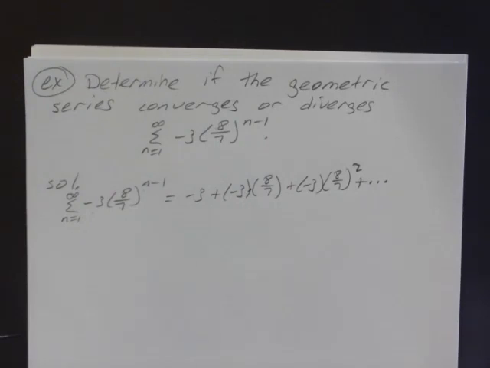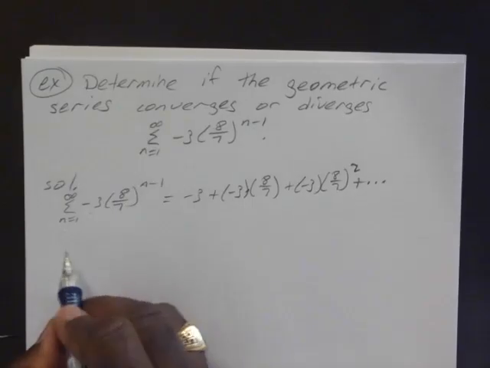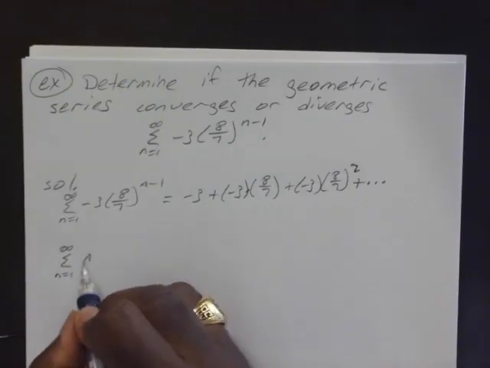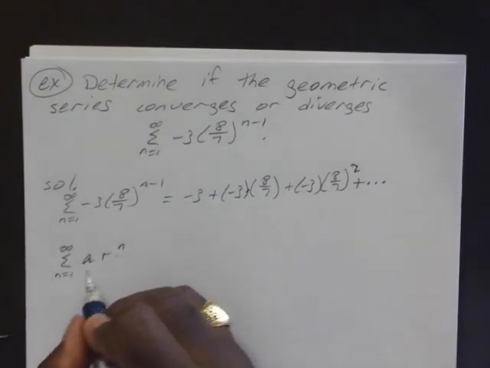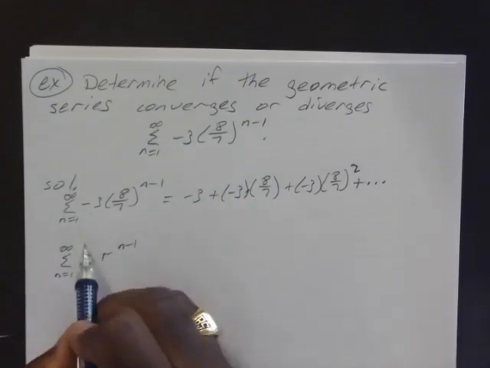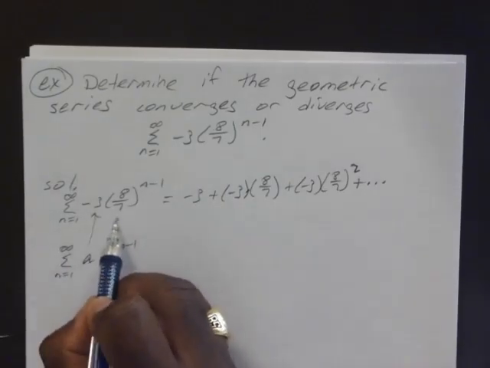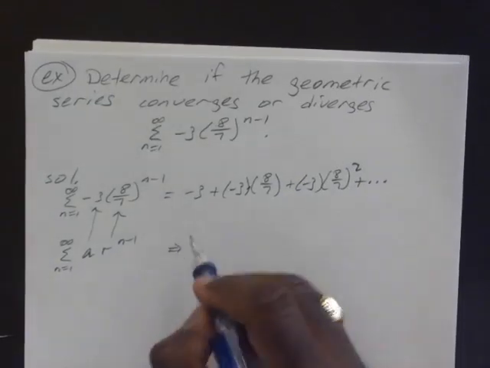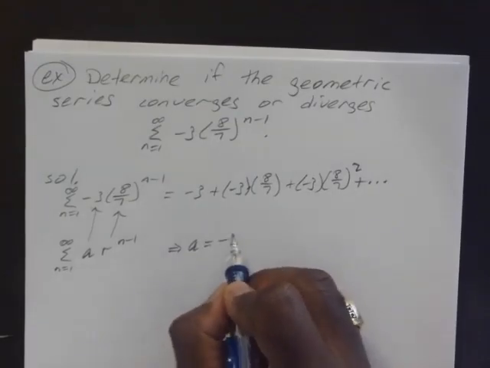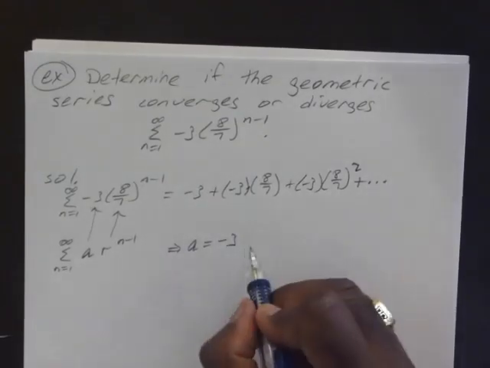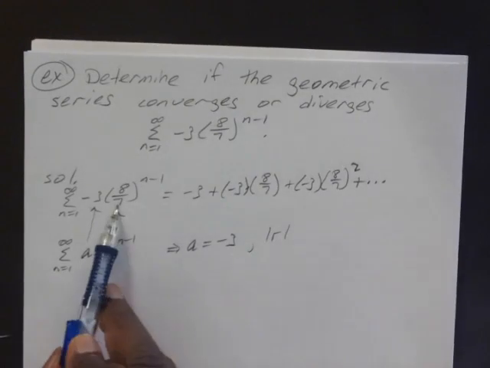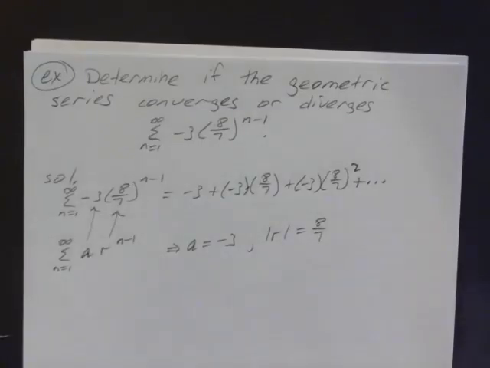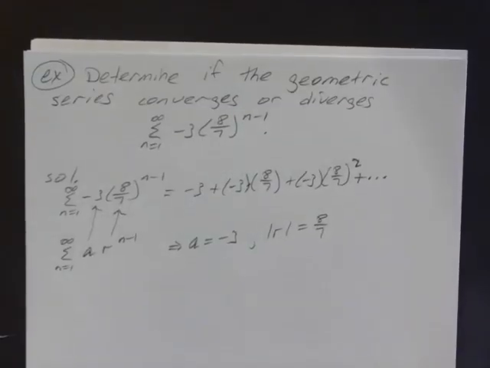So if we want to know if it converges or diverges, all we have to do is remember the sum from n equals 1 to infinity of a times r to the power of n minus 1. That means that a is equal to -3, and the absolute value of r is equal to 8/7, which is greater than 1.